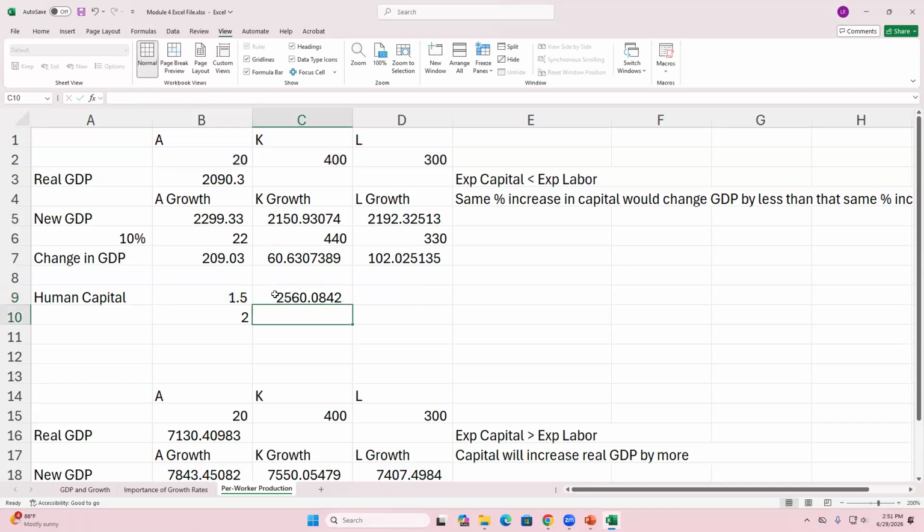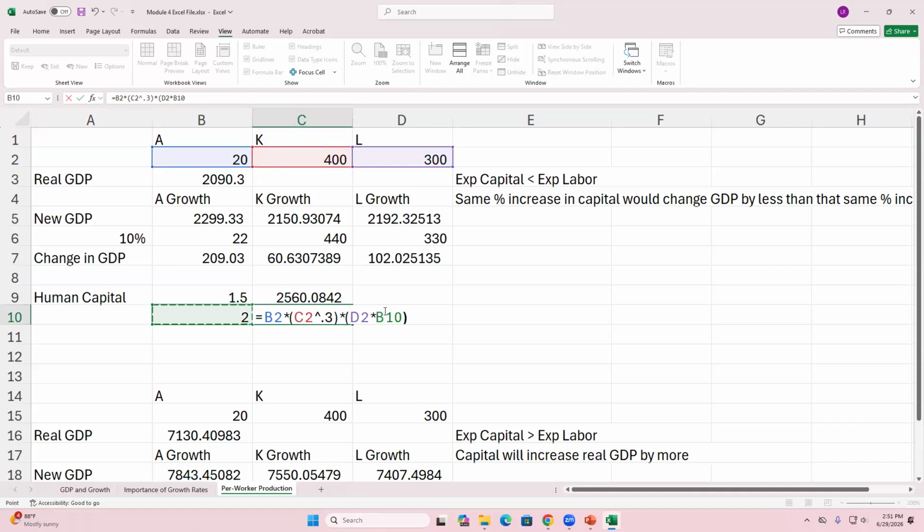Sure enough, it does. And then as I make higher and higher investments into human capital, I could use that same function: take total factor productivity times the amount of capital I have to the 0.3 power, and then multiply that by the amount of labor I have times the investment I made into human capital, to that 0.5 power.